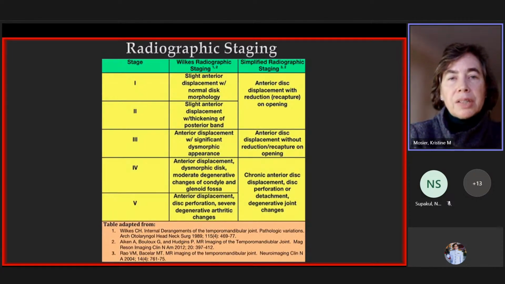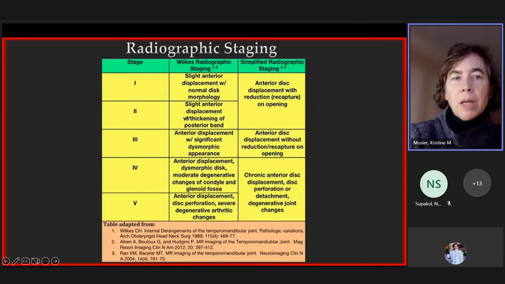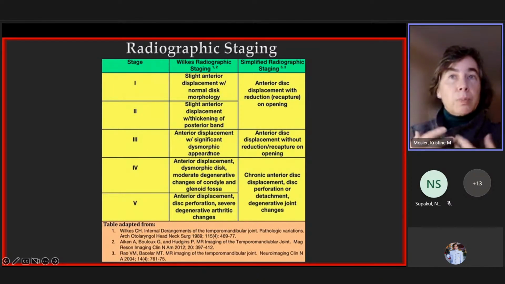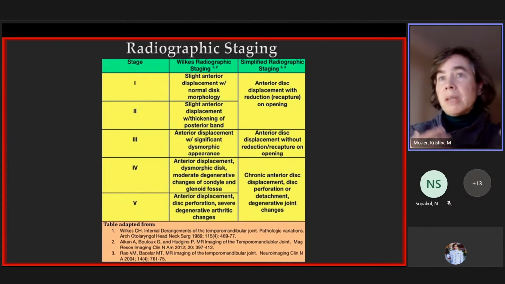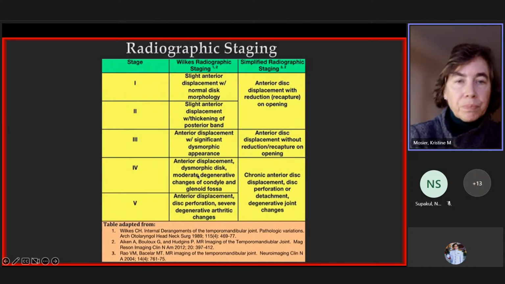Stage 2 would be anterior displacement, again, with some morphologic changes, but you're really getting recapturing of all of this on opening. On stage 3, you have anterior displacement, again, with more progressive dysmorphic appearance. You may be getting some fibrosis, or again, a rather dysmorphic appearance of the articular disc. And you may or may not see recapture or reduction on opening.